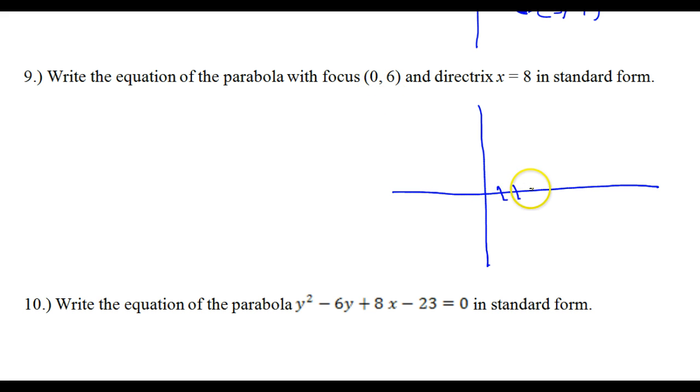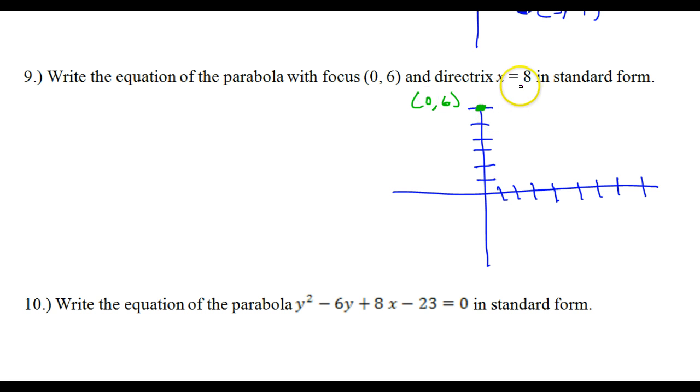So 1, 2, 3, 4, 5, 6. So this is my focus, (0, 6).